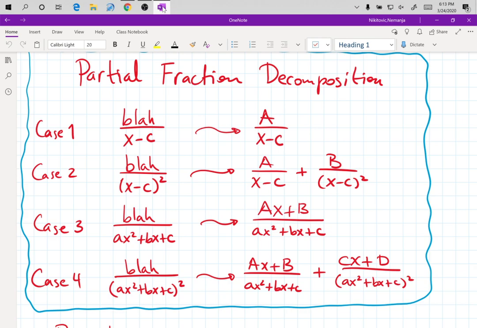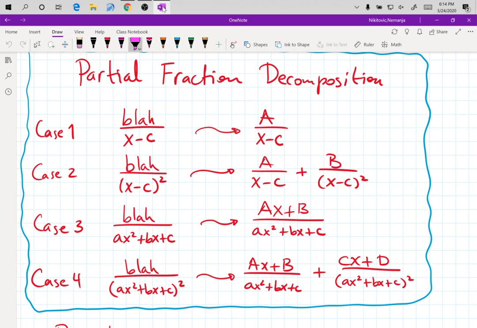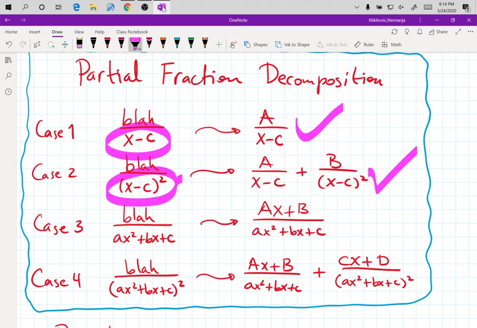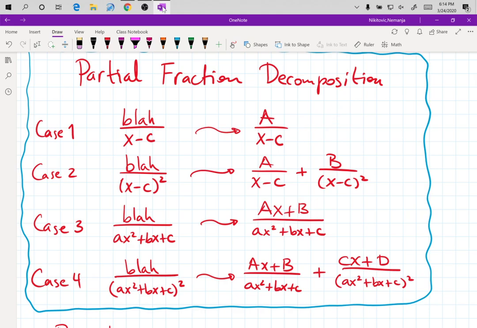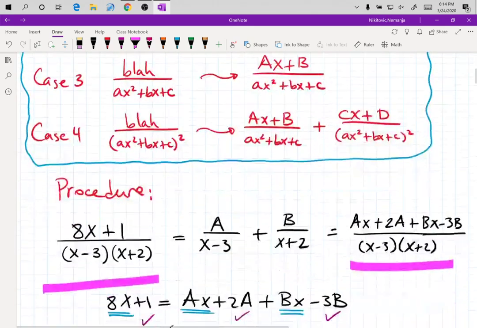So let's work out partial fraction decomposition. Before we left, we had these cases that you were supposed to memorize. If the denominator was linear, you would have this type of a setup, linear squared, right? So you memorize what situation you have, and then you use those formulas to work out the problem.